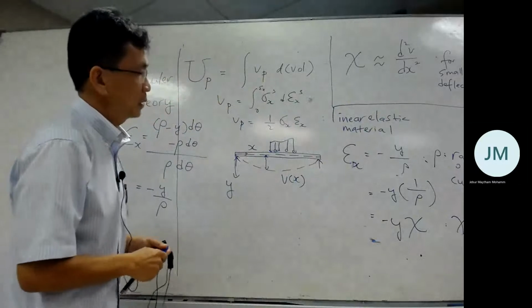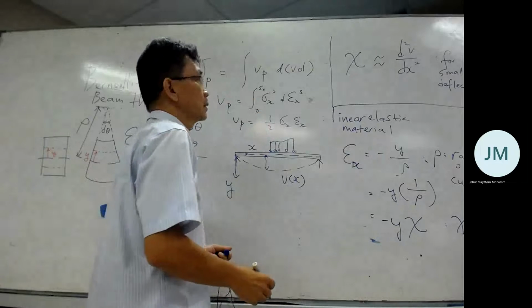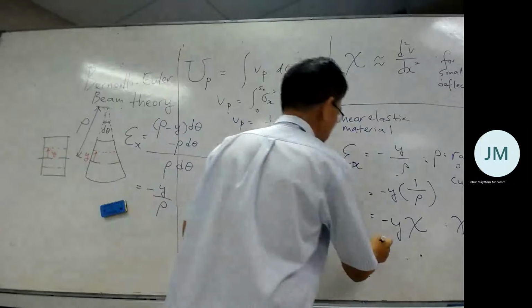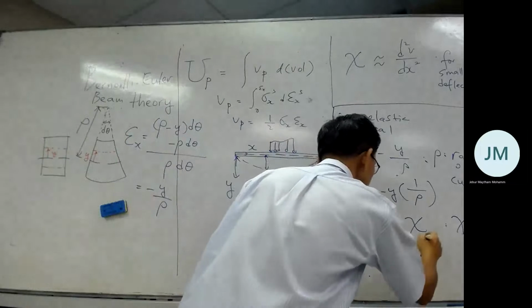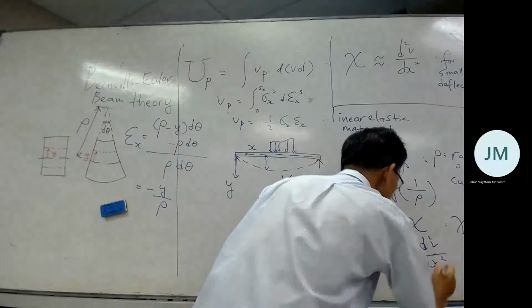So that's why we can write down our strain to be minus y d2v dx2.